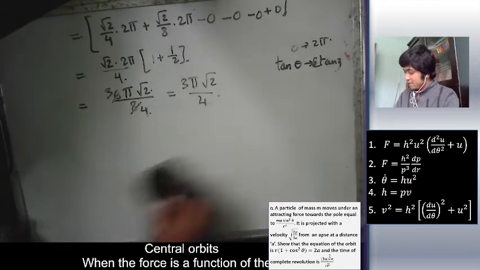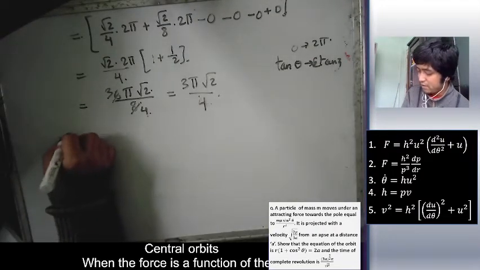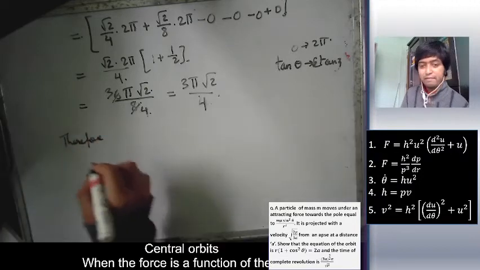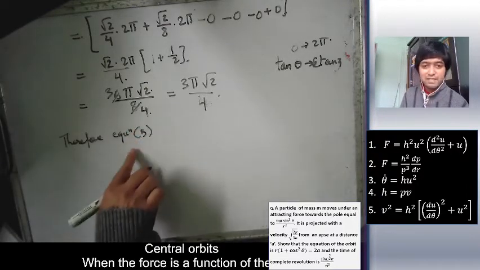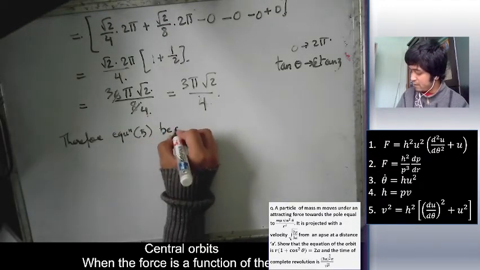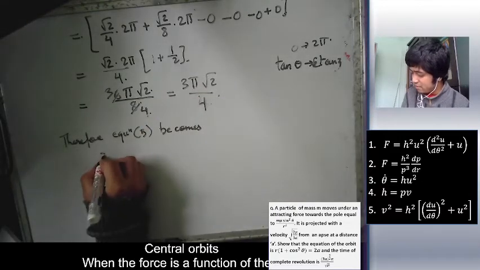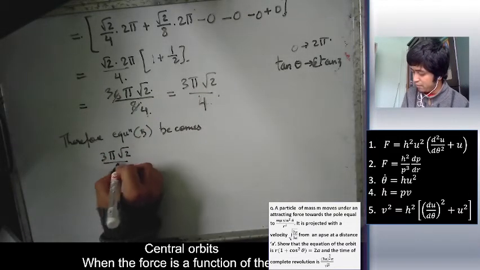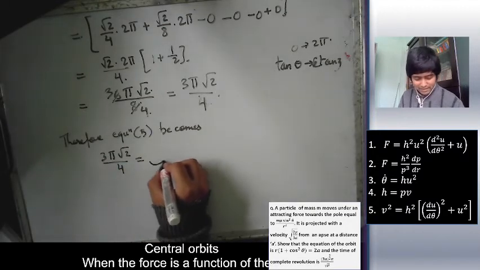Okay, so next what do we do? We just have to substitute everything over there. Therefore, I think it was equation 5 or equation 6 depending. Okay, so we will be having the left hand side, it was that integral, so 3 pi upon 4 root 2, and the right hand side, whatever it is.